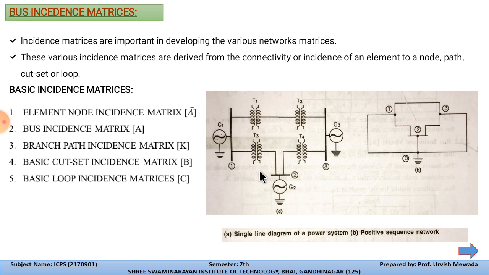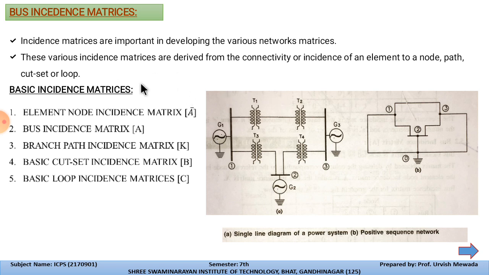To solve that circuit, or to find the contingency of the power transfer, we need to convert that network into a graph, and then we can form the matrix of particular buses, and then calculate the power, meaning active power, reactive power, or whatever we want to calculate, with the help of that matrix form. So that's why we need to form the bus incidence matrix.